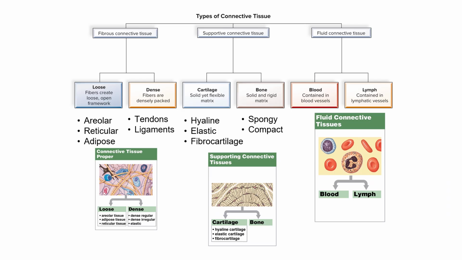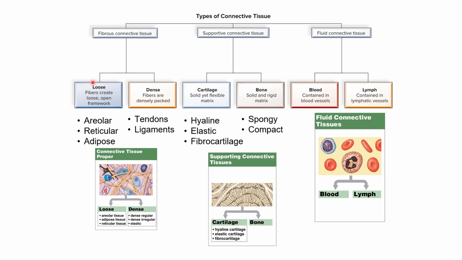Now let's change gears and move away from epithelial tissue and talk about our connective tissue next. Our connective tissue is going to have three primary categories. We have our fibrous connective tissue, our supportive connective tissue, and our fluid connective tissue. Our fibrous connective tissue is made up of our loose and our dense fibrous connective tissues.